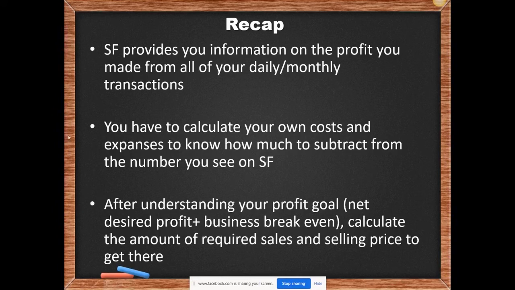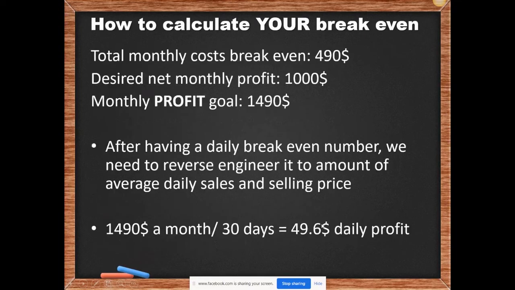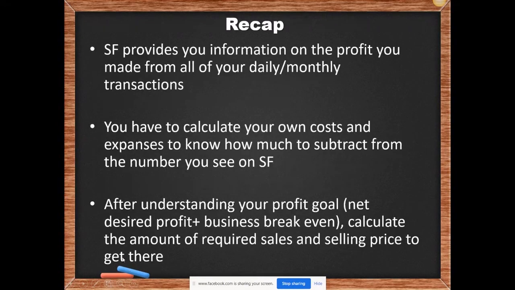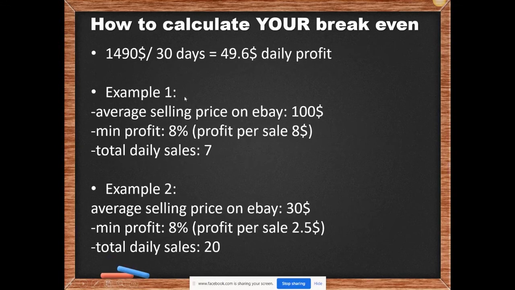After understanding your profit goal, which is your net desired profit plus business break even, like we did here, this is your desired net profit, and this is your business break even, calculate the amount of required sales and selling price to get there. And when you do that, go for low or average profit.